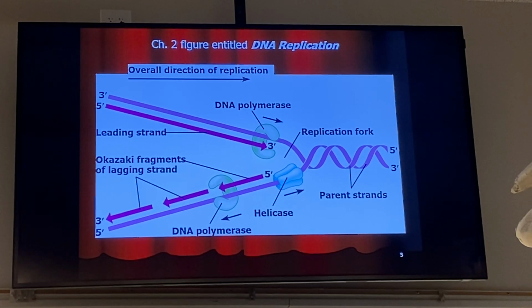And because the two strands are not mirror images, this side is going to do this in one intact, what's called a leading strand. What this other one has to do is go boop, hop over, boop, hop over, boop, because it can only go from the 3 prime toward the 5 prime.